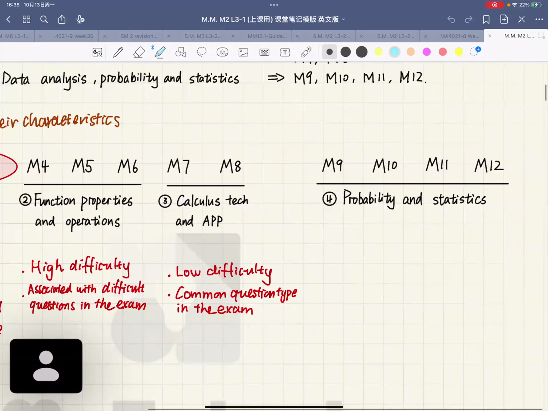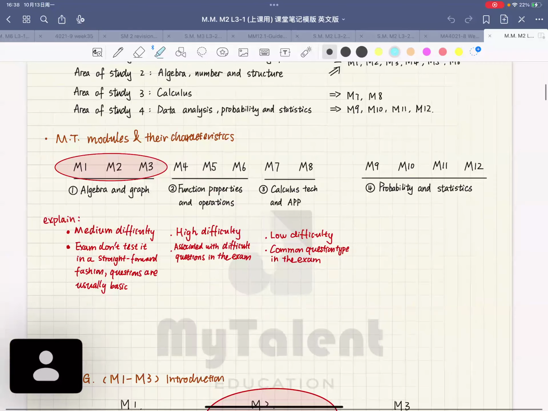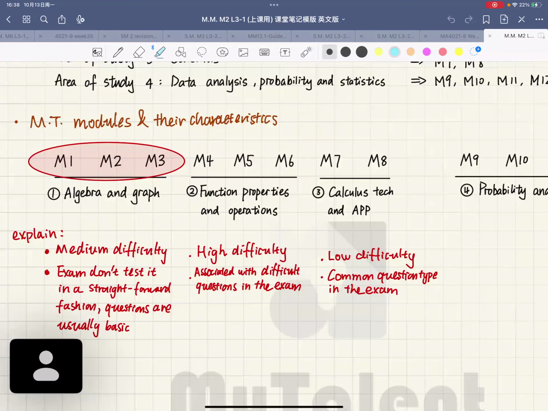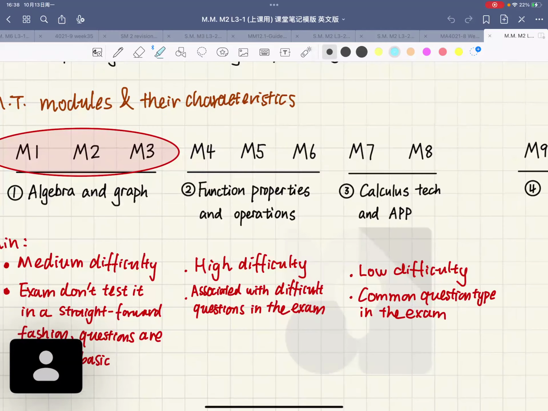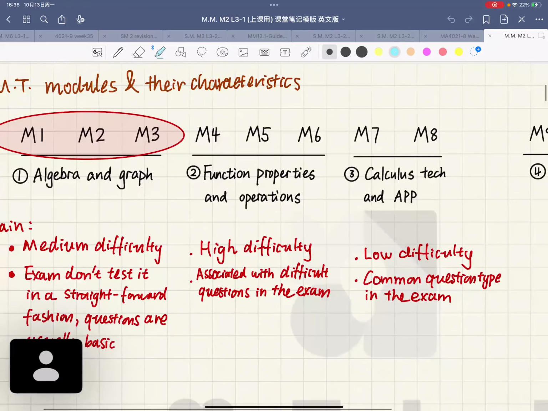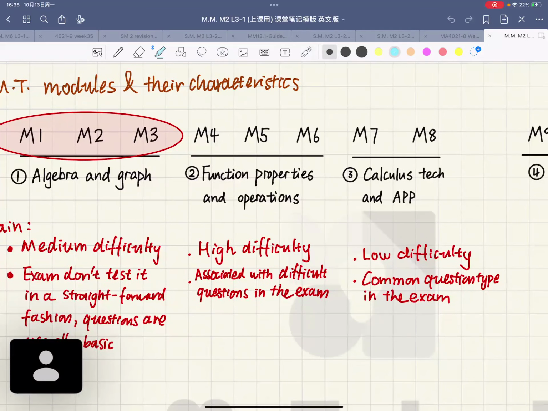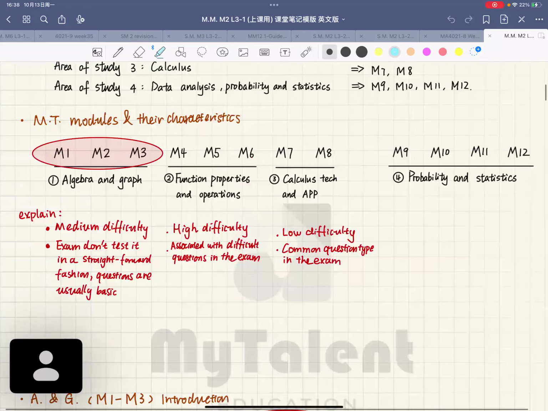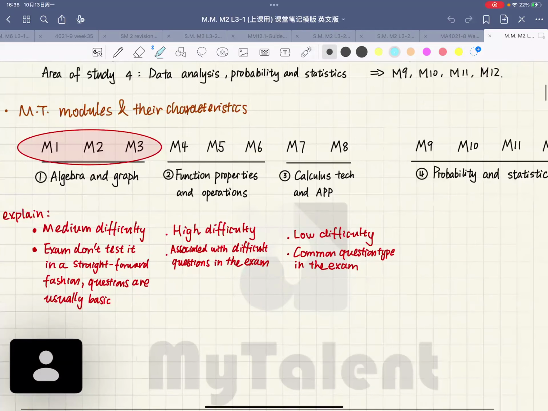Modules 9, 10, 11, and 12 are probability and statistics. Today we start from module 2. As I said, module 2 is the basics. If you cannot understand module 2, you will struggle in modules 4, 5, and 6. For 7 and 8, it depends.